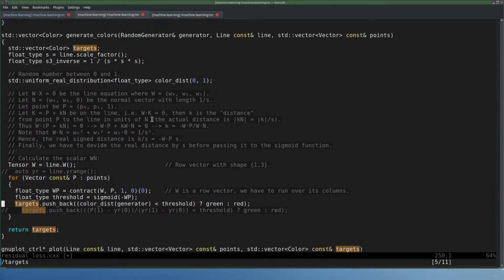Well, that's totally true. The actual distance is the absolute value of Kn. For obvious reasons, that is the absolute value of the distance. Where N was a normal with length 1 over S, so that would then be equal to K divided by S. S being the result of a square root, so it's always positive.